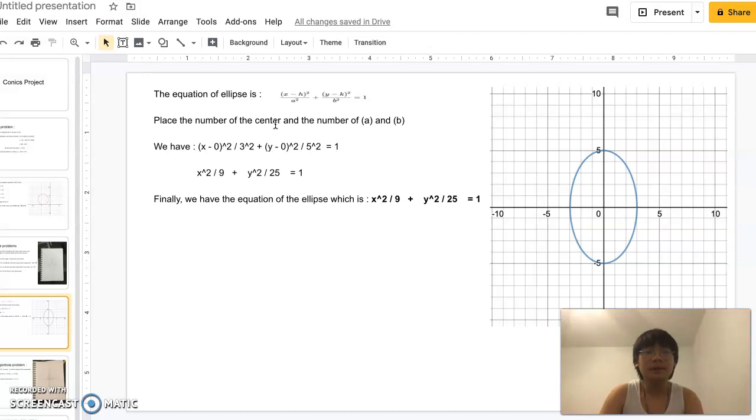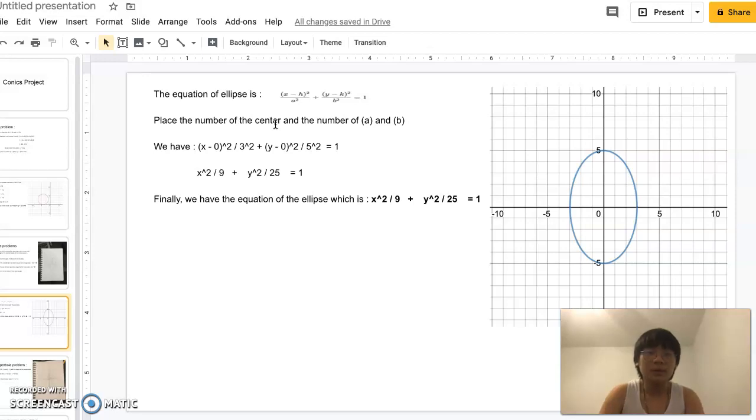We have (x minus 0) squared over 3 squared plus (y minus 0) squared over 5 squared equals 1, x squared over 9 plus y squared over 25 is 1.